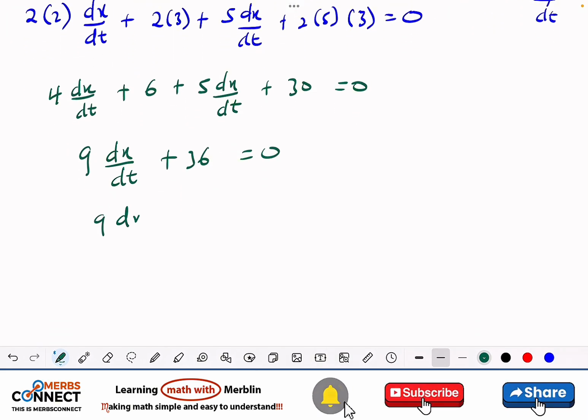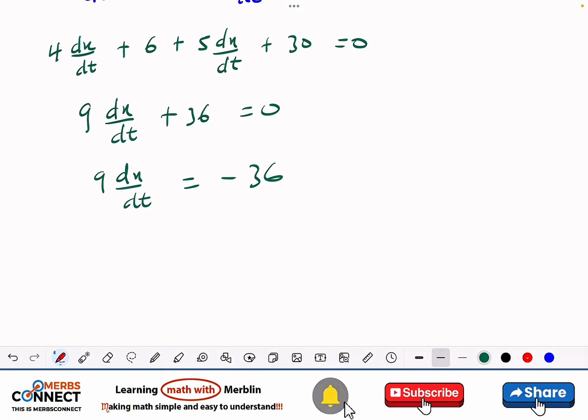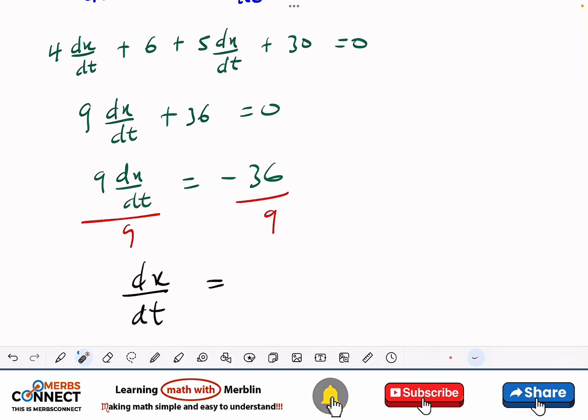So 9 dx/dt is equal to minus 36. Divide both sides by 9, and we get dx/dt equal to minus 36 over 9. 3 goes into 36 twelve times, and 3 goes into 9 three times, so this is supposed to be negative 4.